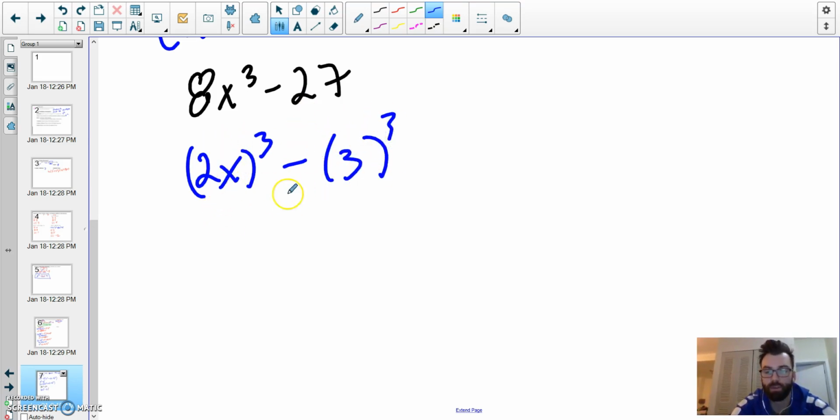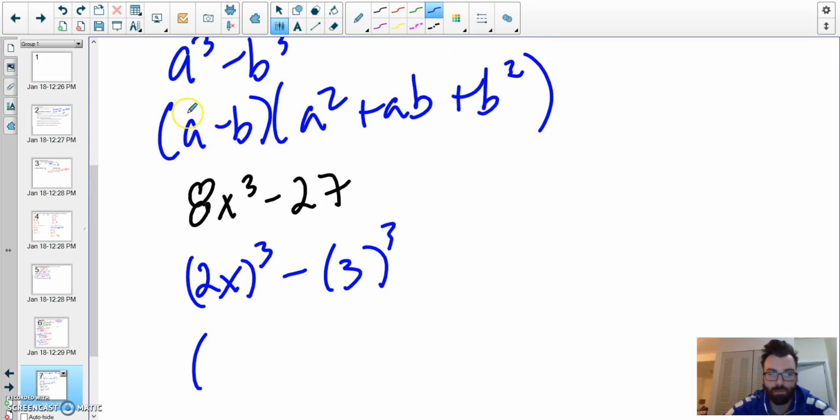So this step you may be able to do in your head, you don't even actually need to write it. What it helps me with is identifying my a and b terms. My a term here is 2x, minus my b term, which is 3. 2x to the third gives me 8x cubed. 3 to the third gives me 27.